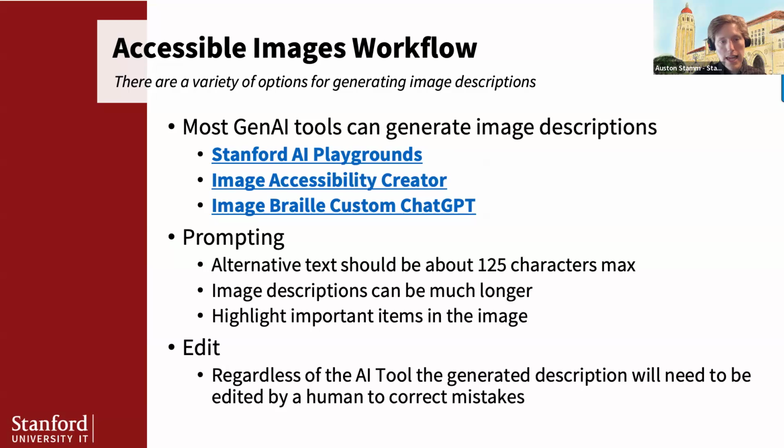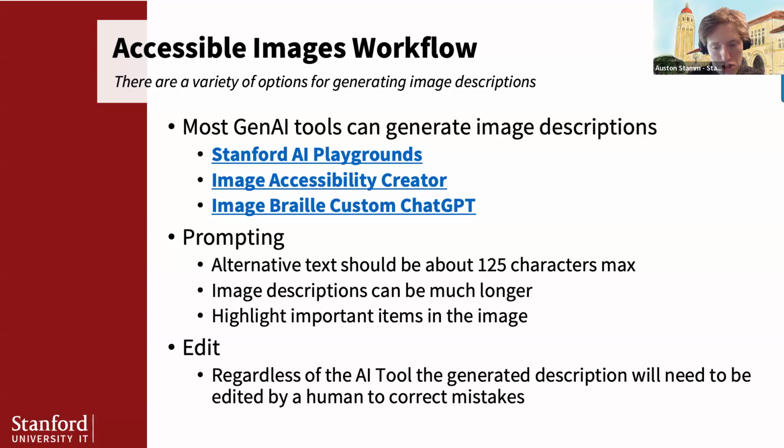One other thing to keep in mind is alt text is supposed to be brief, around 125 characters or so. So make sure in your prompt you're asking it to be brief when it's creating a description, because a lot of times AI has a tendency to write a lot more, almost like an image description where you have a paragraph below the text, versus an actual alt tag, which would be much shorter, like a sentence or two.